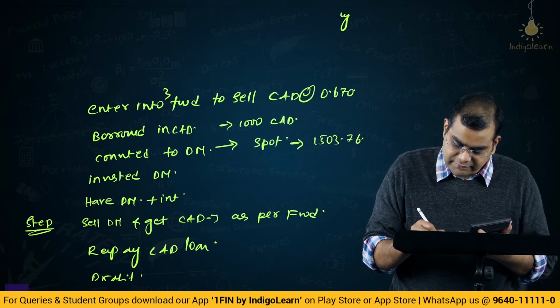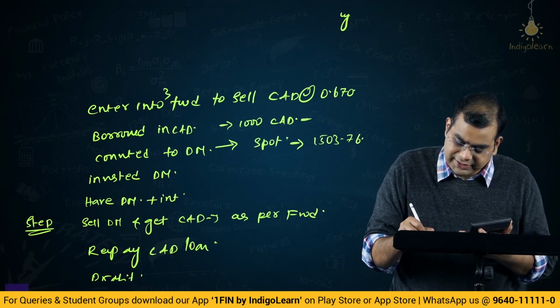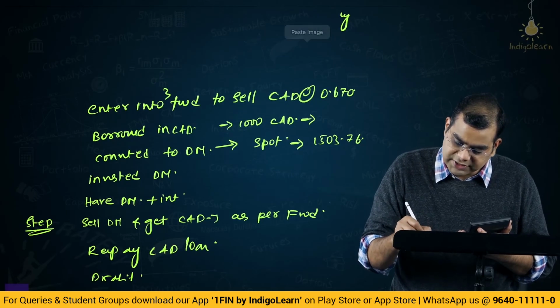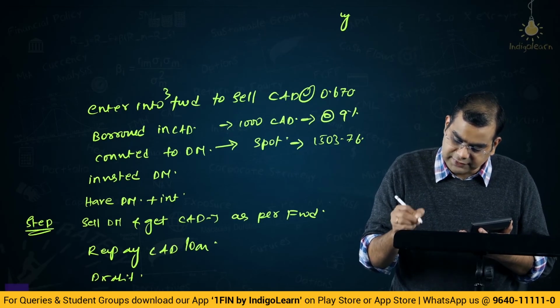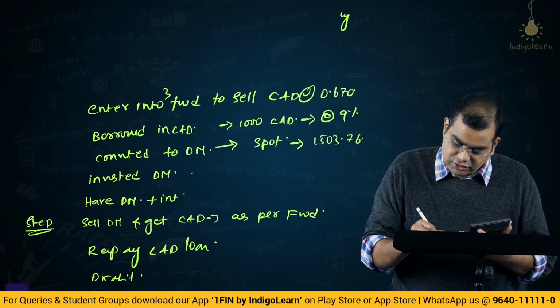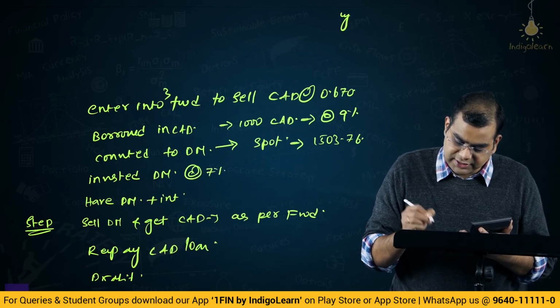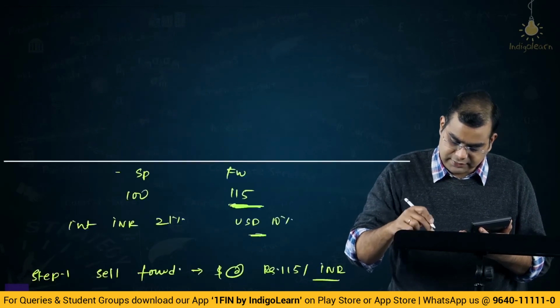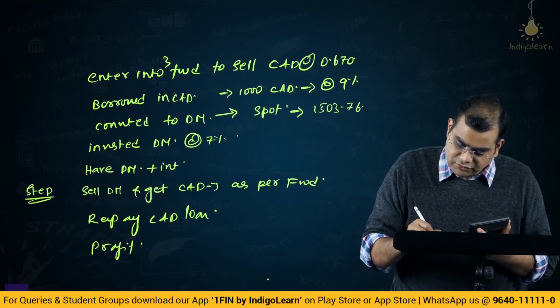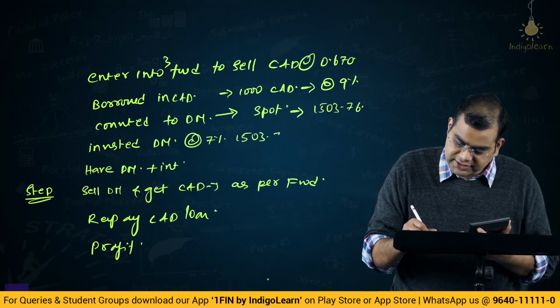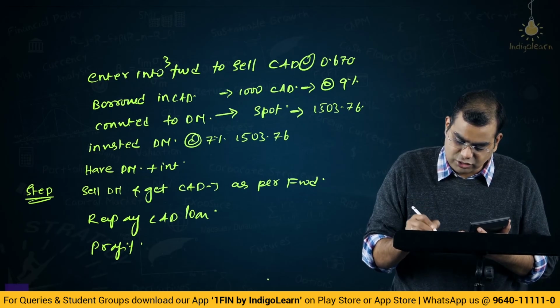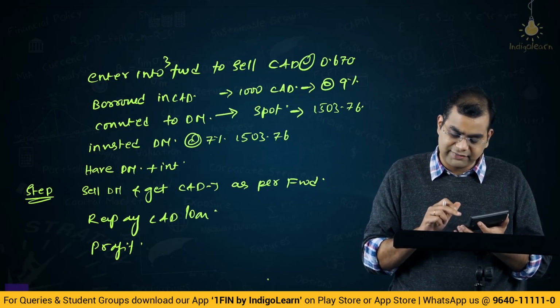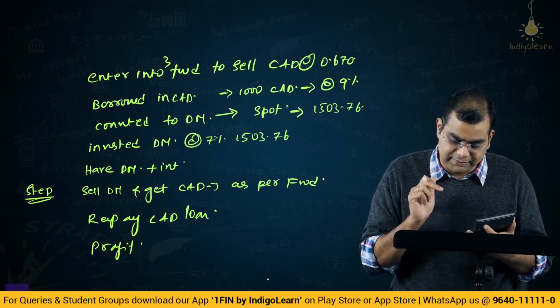Now, invest this DM. The borrowing is at what rate? Canadian dollar interest rate is how much? 9%. Okay, then invest in DM at 7%. Correct? Yeah, 7%. So, 1503.76 is invested at 7% for how many months? 3 months.